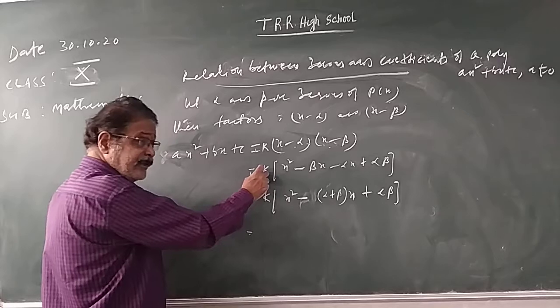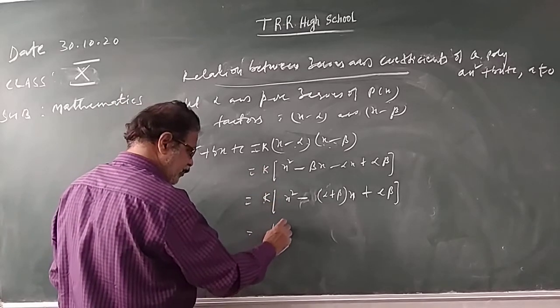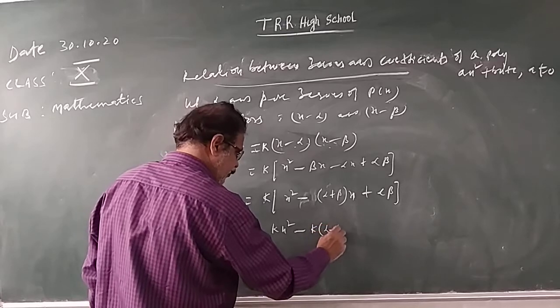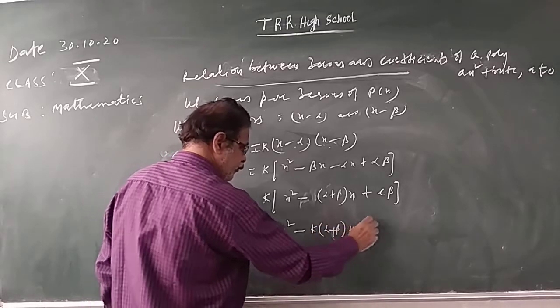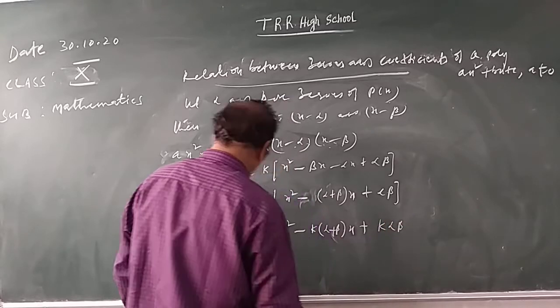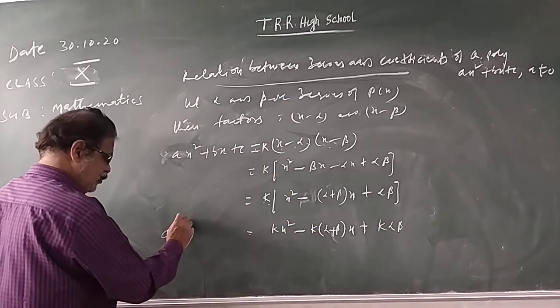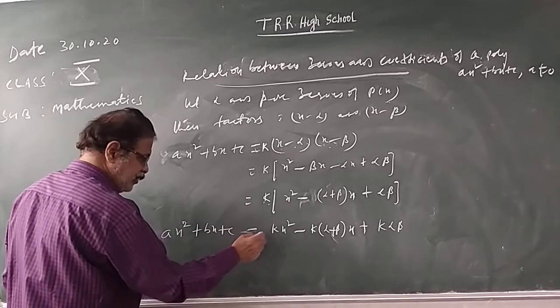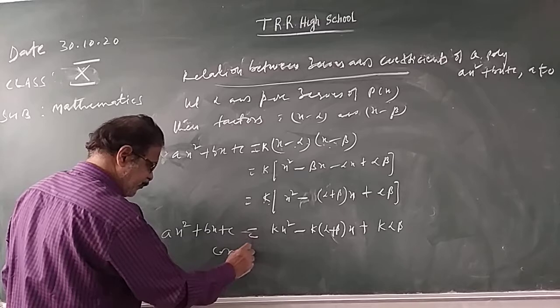Multiply the k outside: kx square minus k into alpha plus beta x plus k alpha beta. This is the quadratic polynomial ax square plus bx plus c. Comparing the coefficients on both sides.